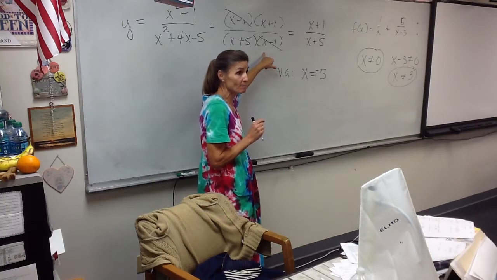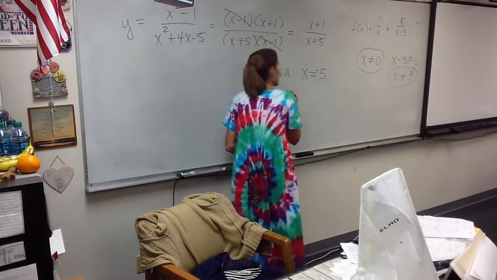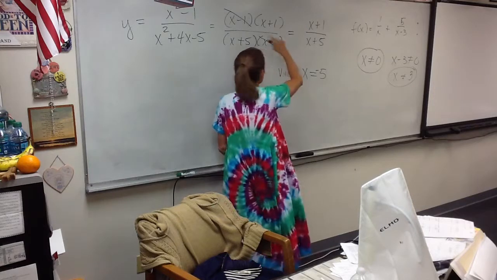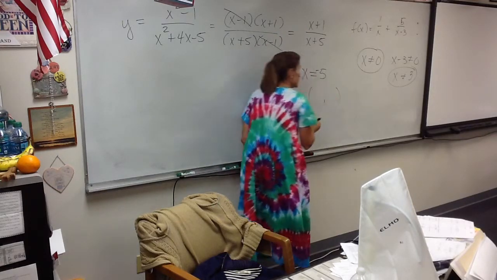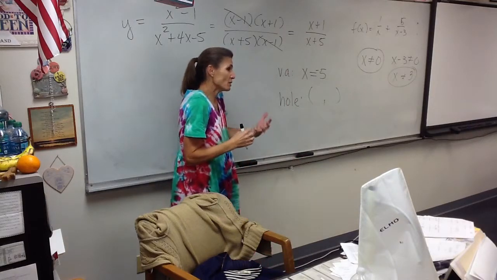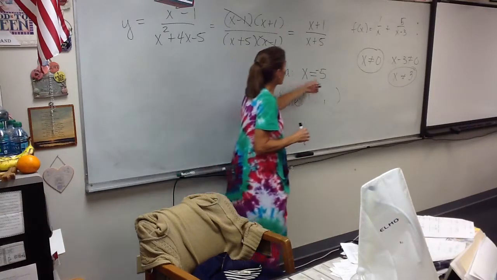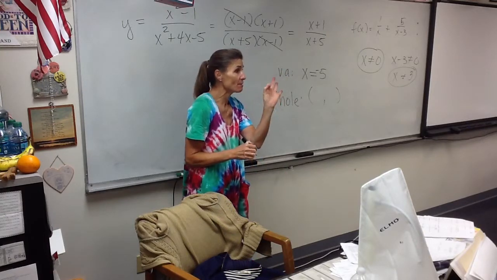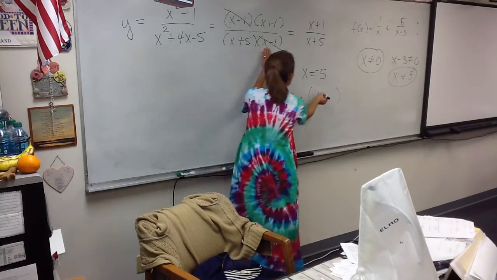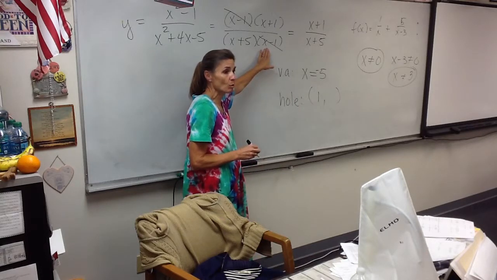Would you agree with that? So that's called a removable discontinuity, and it is graphed as a hole. So when I do my picture, I'm not only gonna have a vertical asymptote, but I'm gonna have a hole, an open dot in my picture. And the open dot is gonna happen where x equals 1.